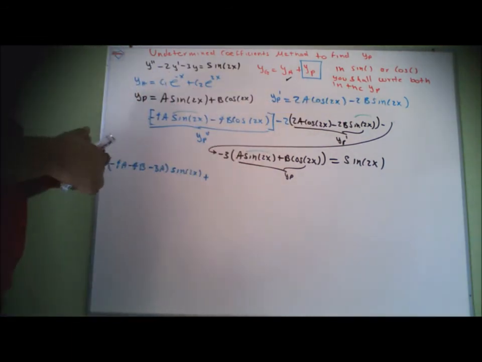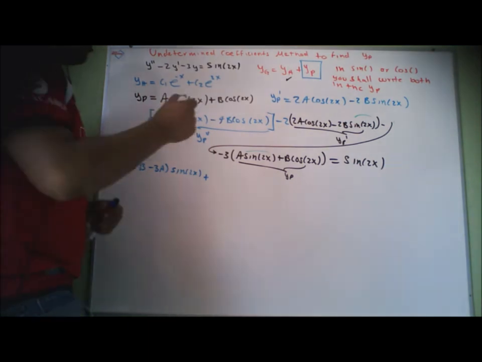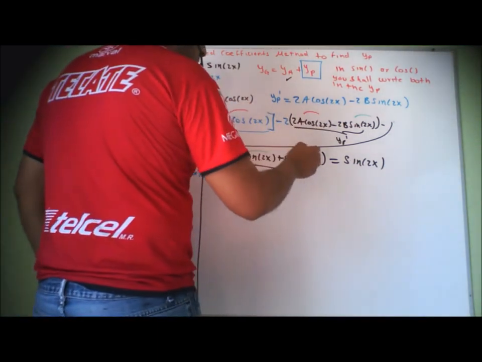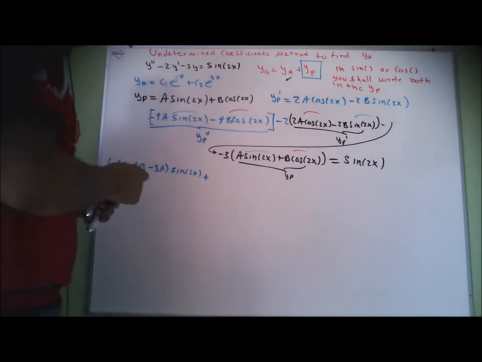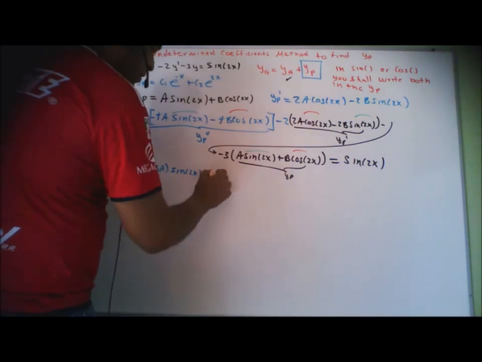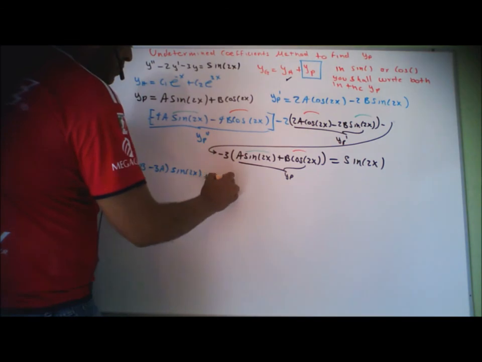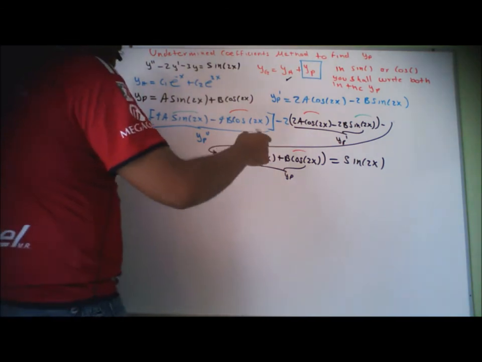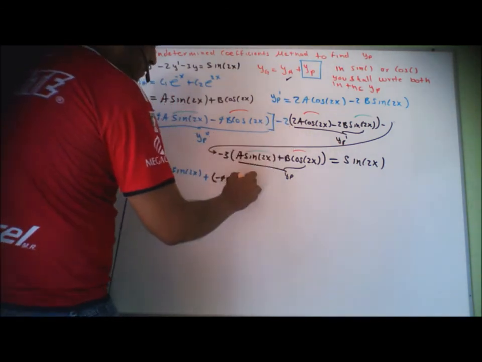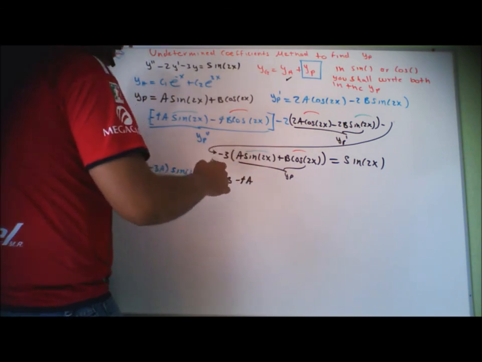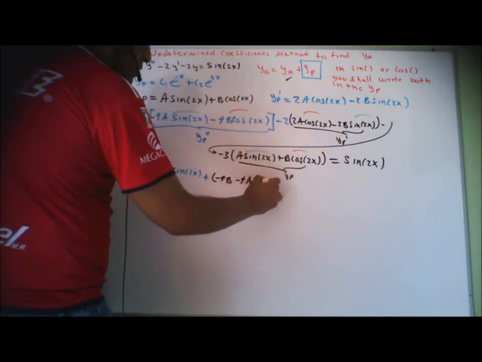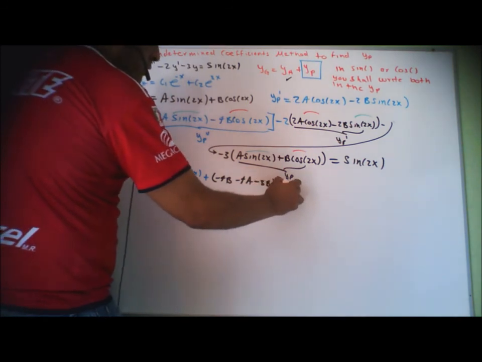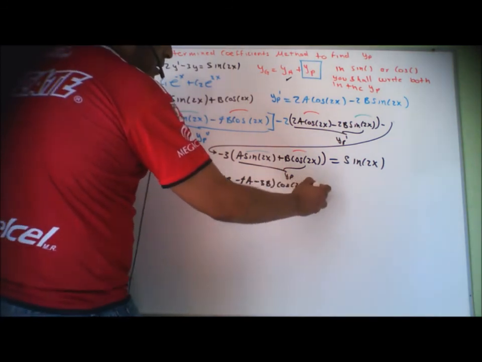So the result of the factorization is: for the sine of 2x, minus 4a, minus 2 times minus 2a... and for the cosine of 2x, minus 4b, minus 4a, and minus 3b. And this should be equal to the sine of 2x.